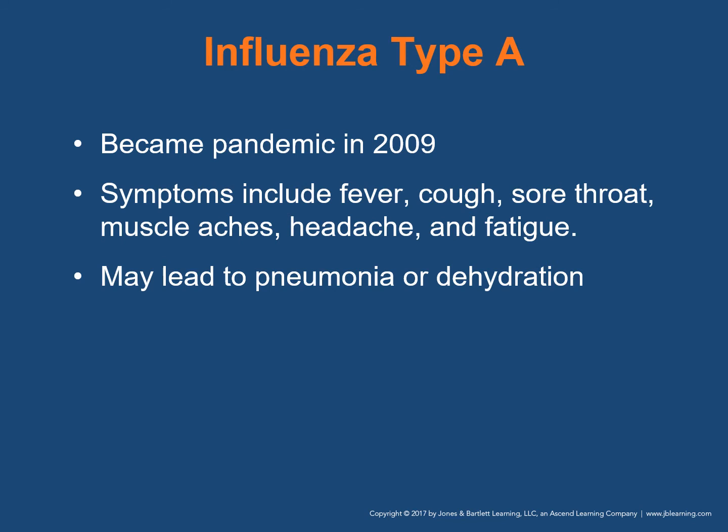Now, everybody's probably had the flu before, where you feel those muscle aches, the headache, the fatigue, cough, fever, sore throat, all of that runny nose stuff. That influenza can actually lead to pneumonia, dehydration. If you have chronic illnesses, especially respiratory, it tends to be more severe.